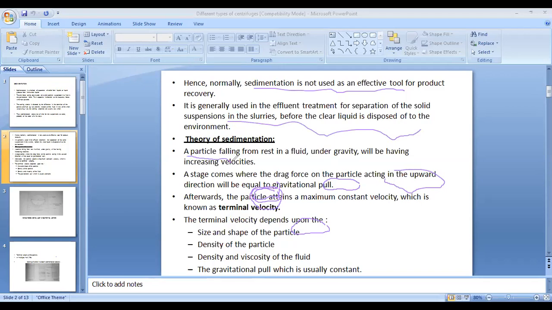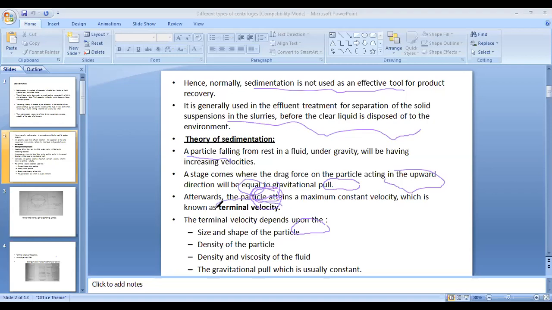We already discussed that the drag force and the gravitational force influence the particle settlement. Whenever it attains the terminal velocity, the gravitational force and the upward drag force are equal.